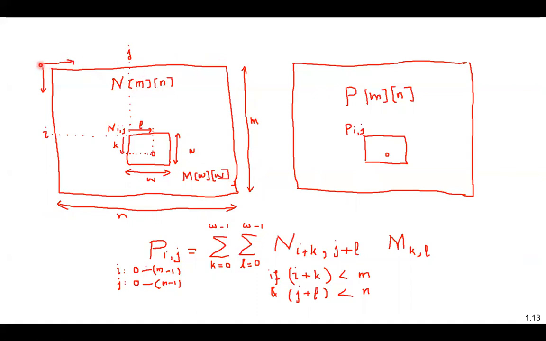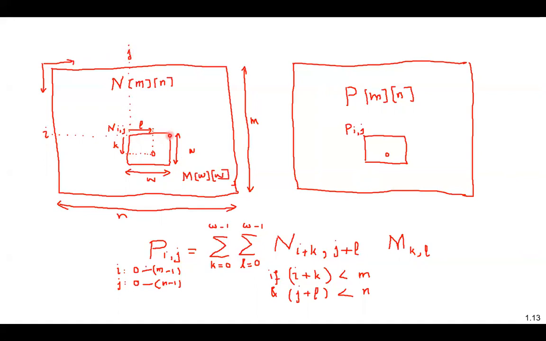My origin is here. For my indexes, I will use i for my rows and index j for my columns, for pointing to a location where I put my mask. So in this case, I have put my mask here at the ith row and the jth column.